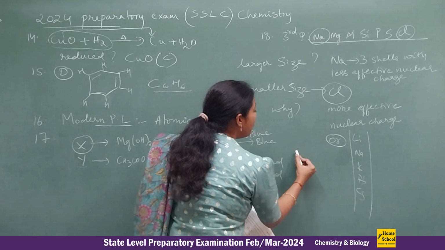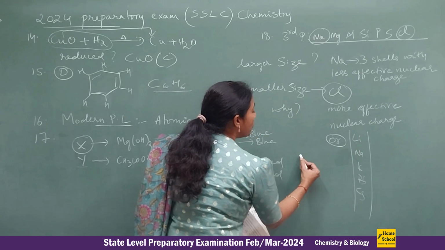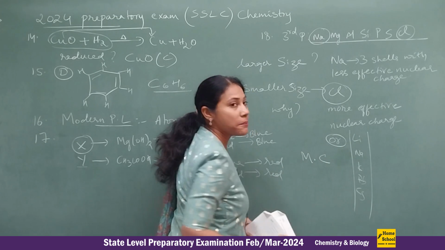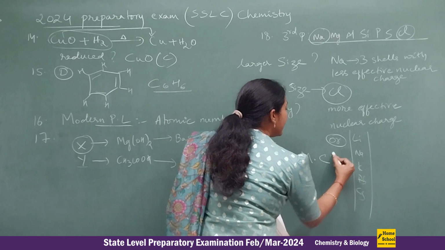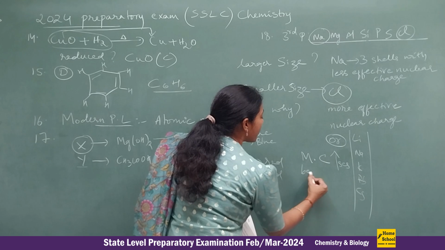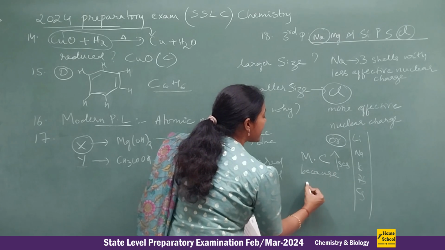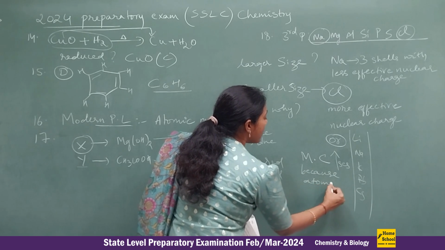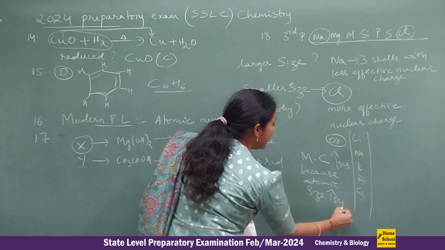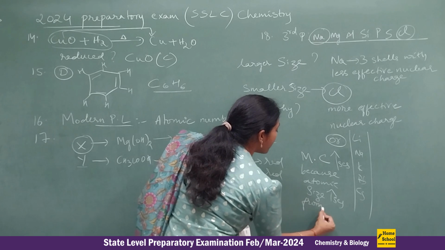When you go from top to bottom, the metallic character increases, because atomic size increases from top to bottom.